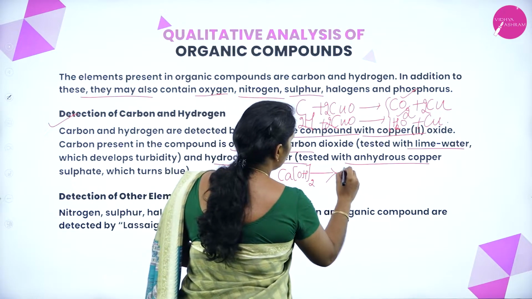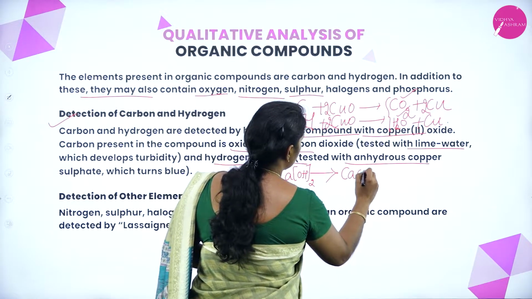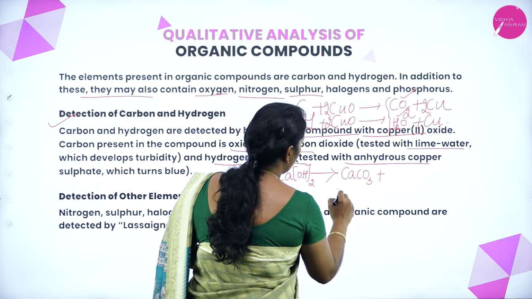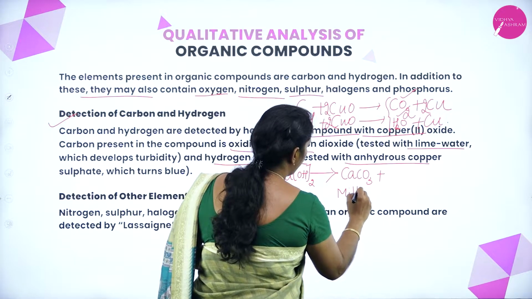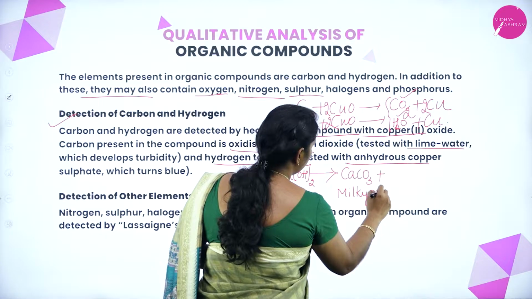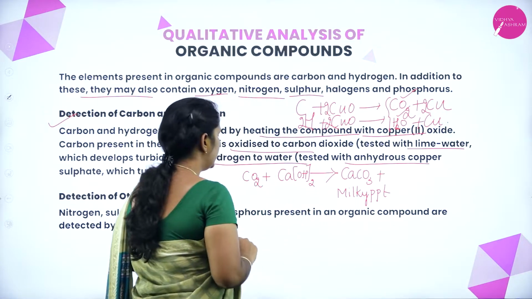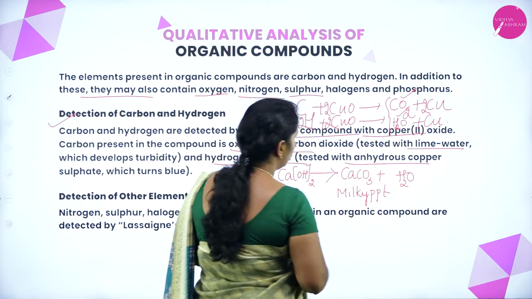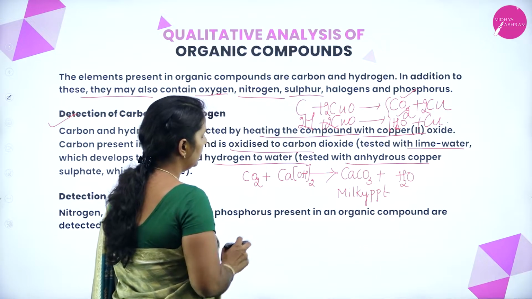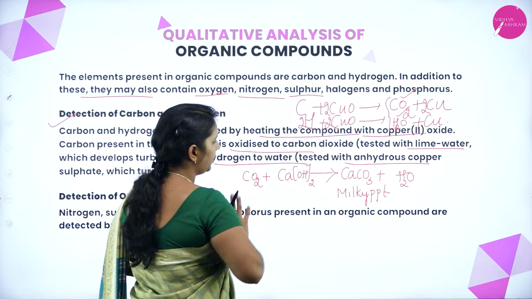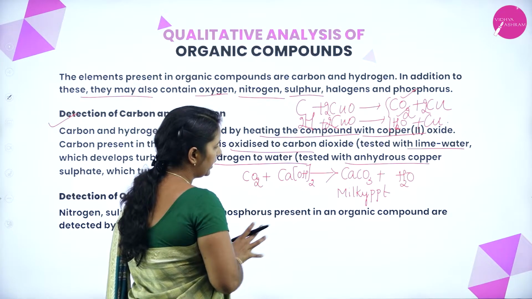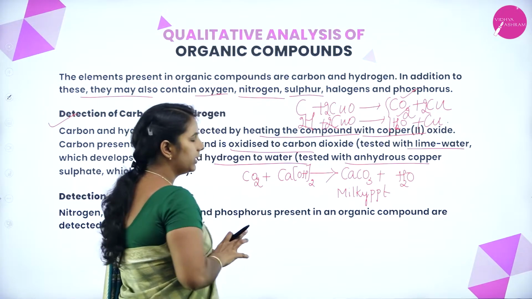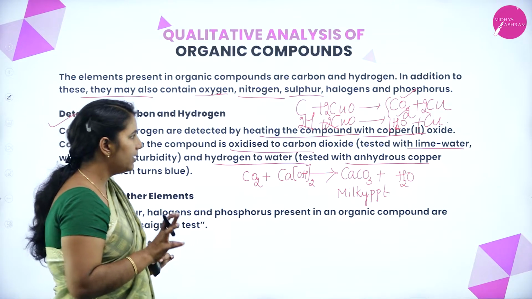It forms CaCO3, that is a milky white precipitate. Okay. Then it liberates water also. This confirms that if milky white precipitate is formed, the given organic compound is having carbon.